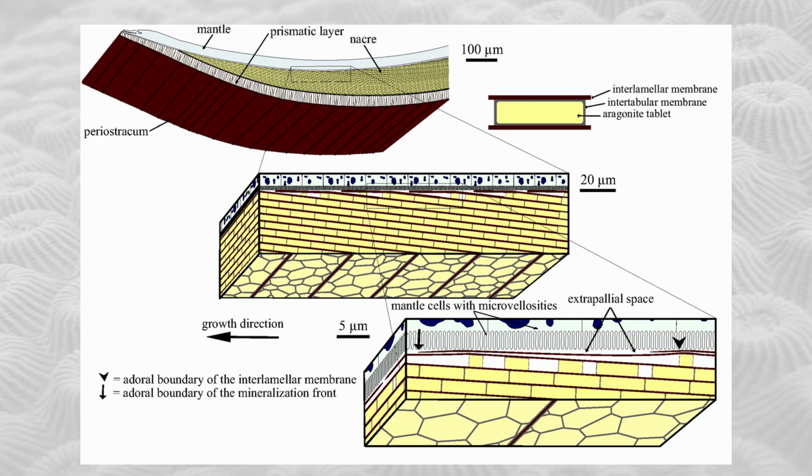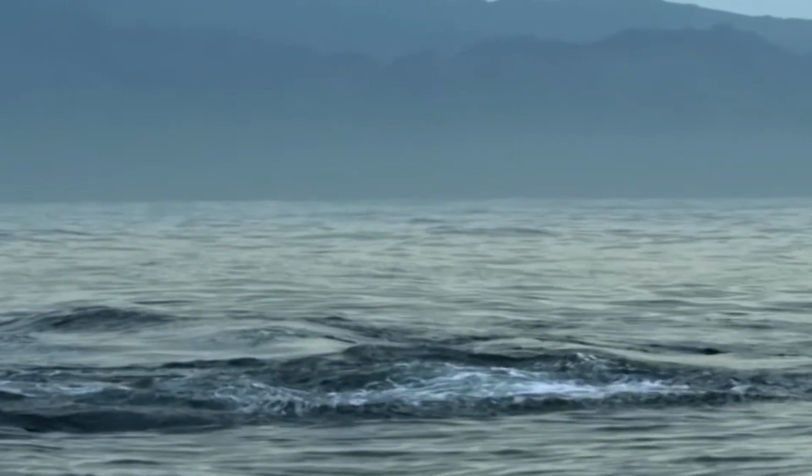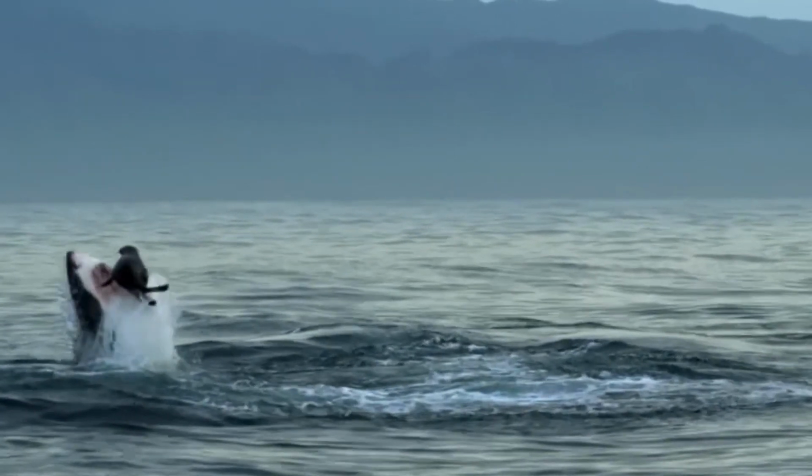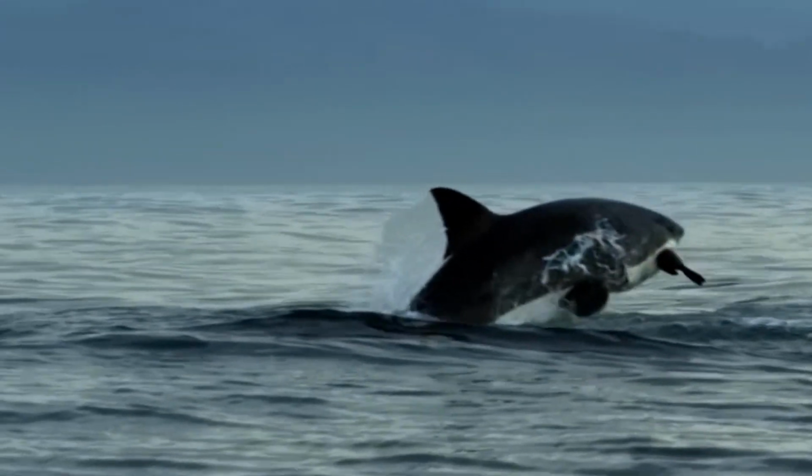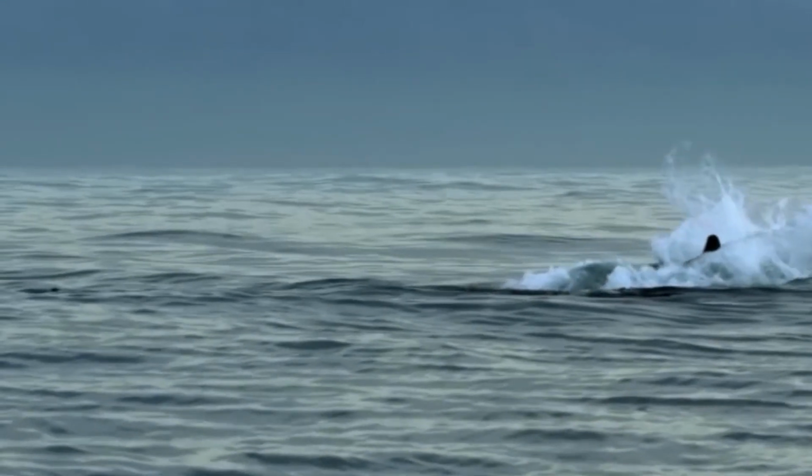Now, when we talk about controlled precipitation, we can talk about two types of organisms that use controlled precipitation. One is heterotrophs. Heterotrophs essentially need a food supply to live. So they're a bit like us, or like this great white shark catching a snack on his way out of the ocean.